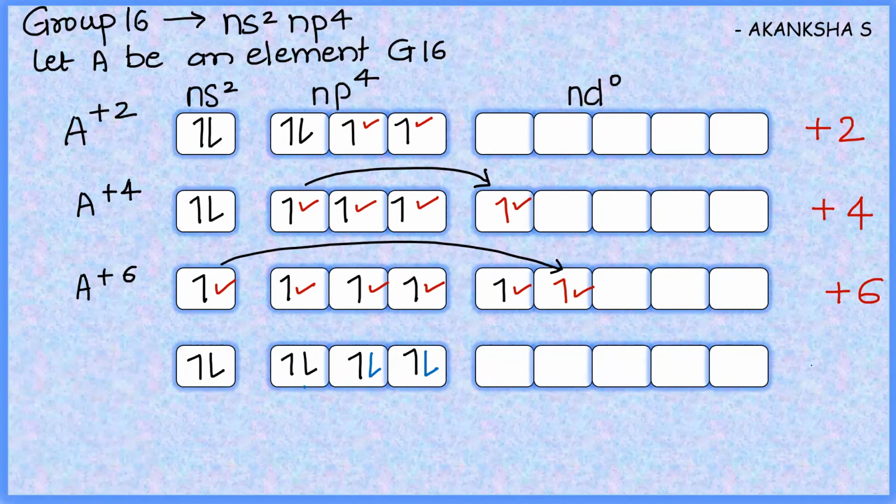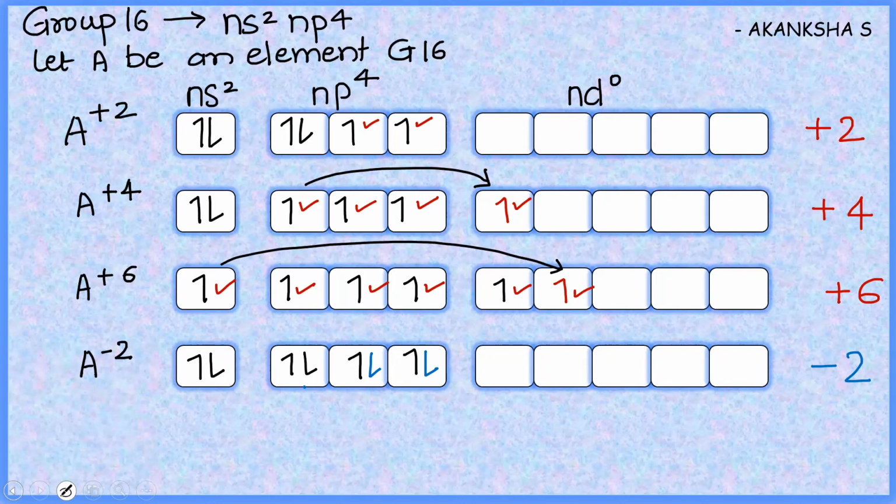If you gain electrons, you get a minus charge. Now, do you understand why we represent oxygen as O2 minus, sulfur as S2 minus? This is the reason. How do we represent this element? A minus 2.